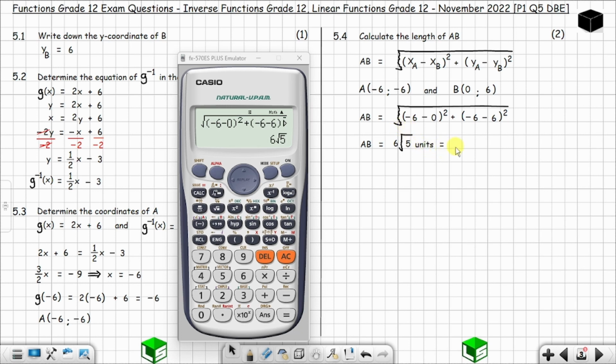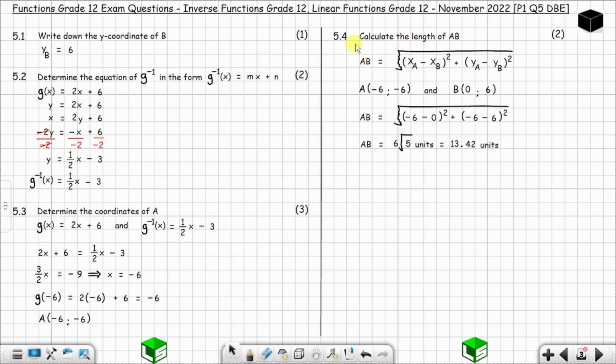Or if you want to write it in decimal, it is 13.42 units. So you can give the length like this or in decimal. Okay, so this is how you can calculate the length AB. Use this formula. Okay, now let's carry on.